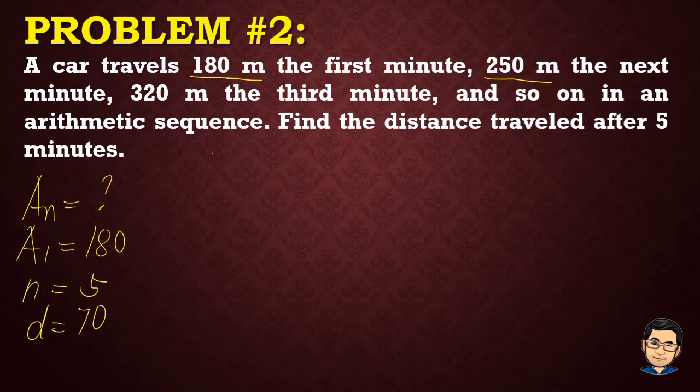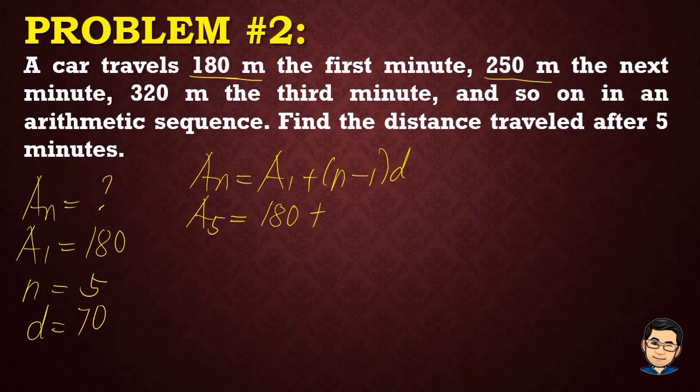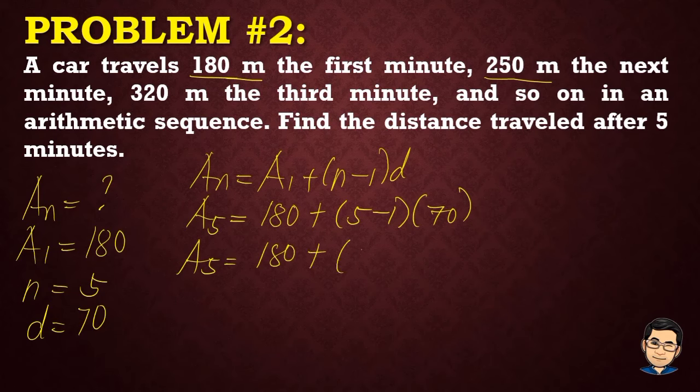Okay, and then we apply the formula for the arithmetic sequence. So a sub n, that will become a sub 5. And then a sub 1, the first term, that is 180, plus n, that is 5, minus 1. And then the common difference, 70. Next, a sub 5 is equal to 180 plus, so 5 minus 1, that is 4, times 70.